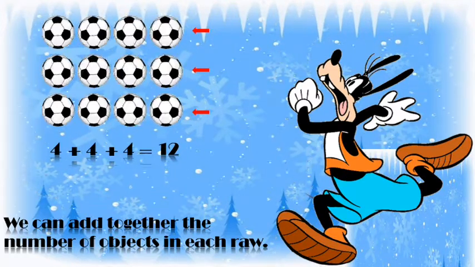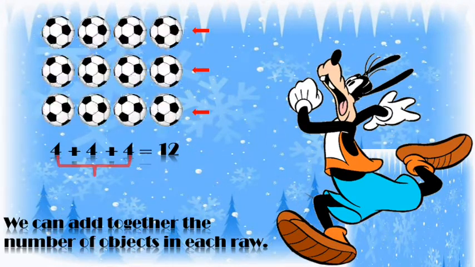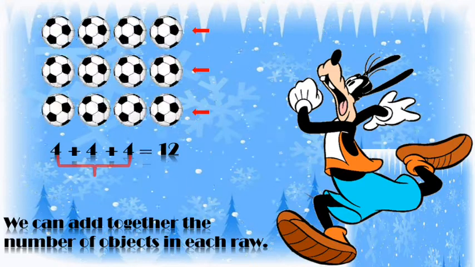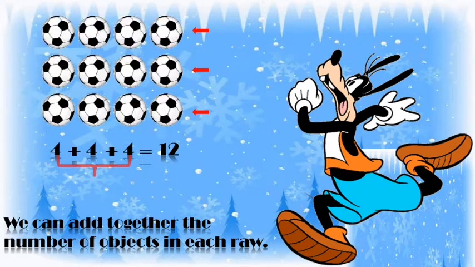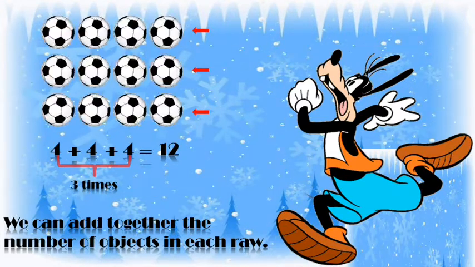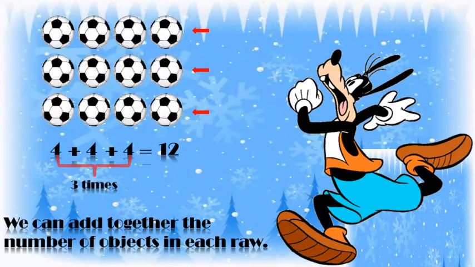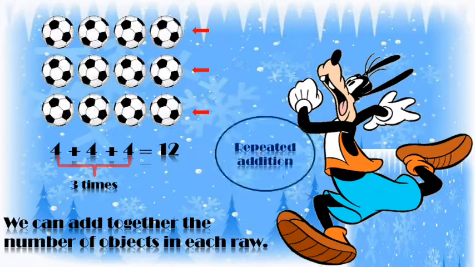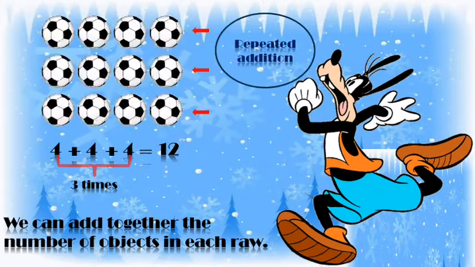We found the number of objects by adding 4 to itself how many times? 3 times, which means we use repeated addition. Instead of adding numbers to itself many times, we can use a short way called multiplication.